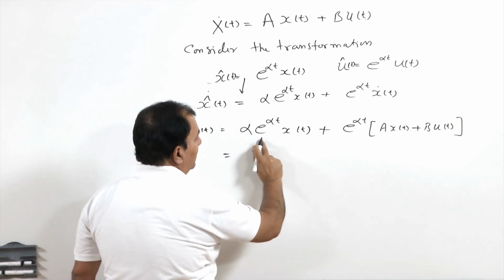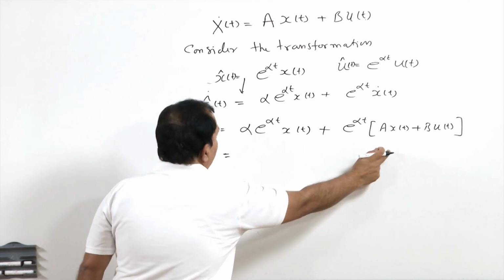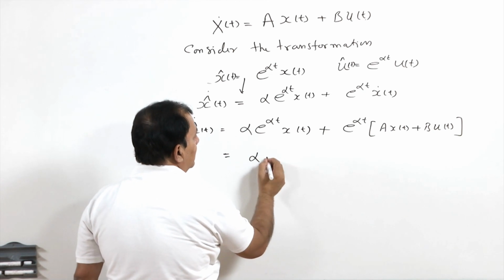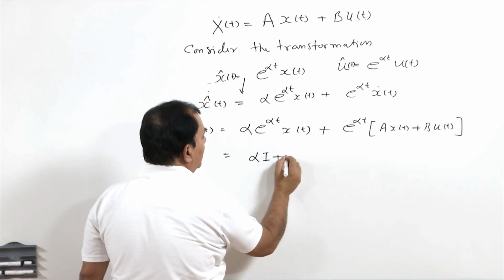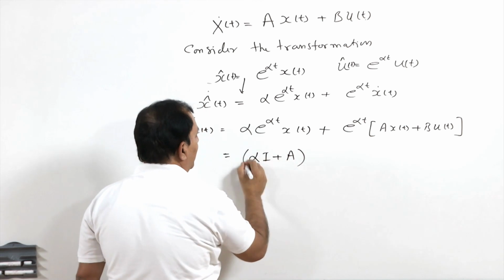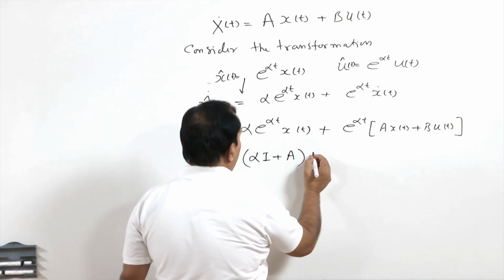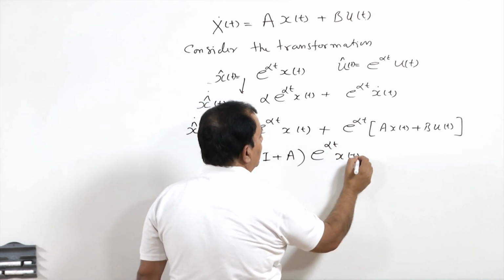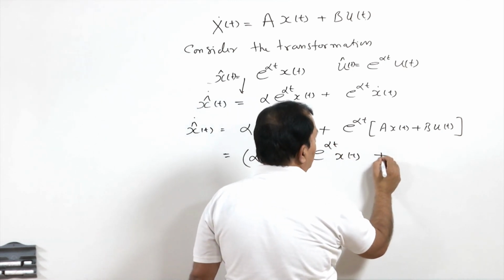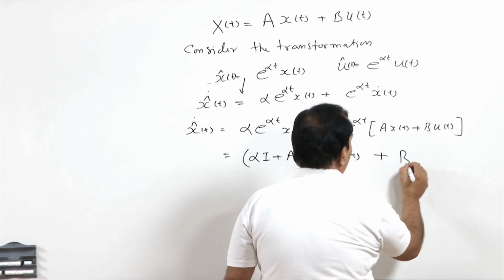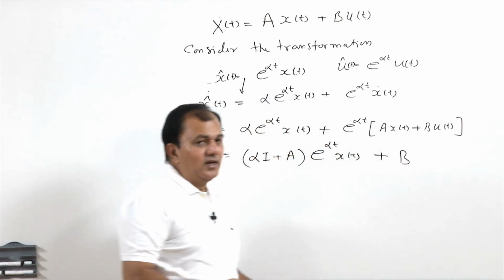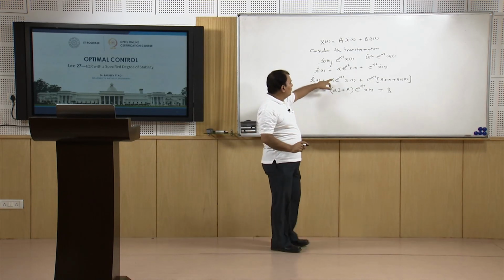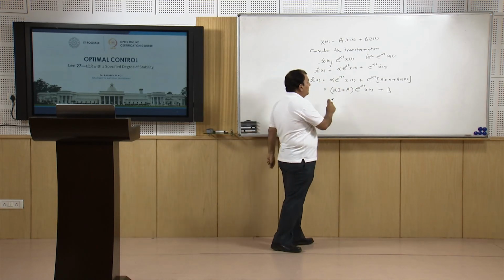If I expand this and club the x of t terms together, I get alpha I plus A times e to the power alpha t x of t plus B e to the power alpha t u of t, because alpha is a positive scalar constant, so e to the power alpha t is also a scalar.